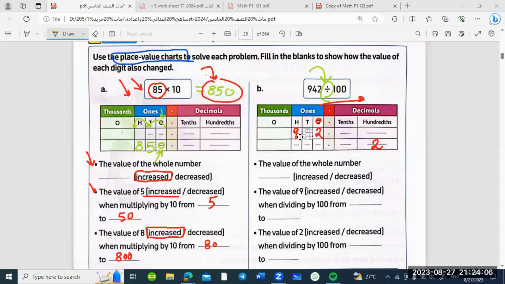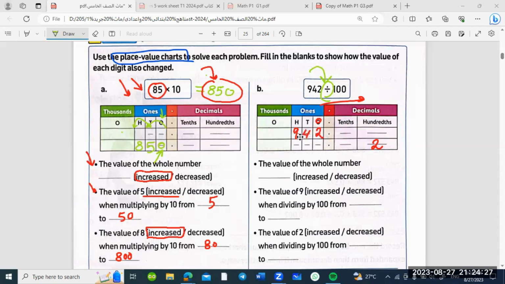I will take this 4 and move it 2 steps like this. This is 1, this is 2. So 4 will be here. So it was 40 and it became 4 over 10. It became 0.4. Did you understand?